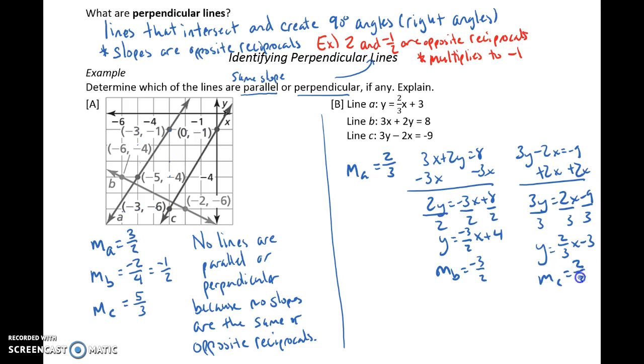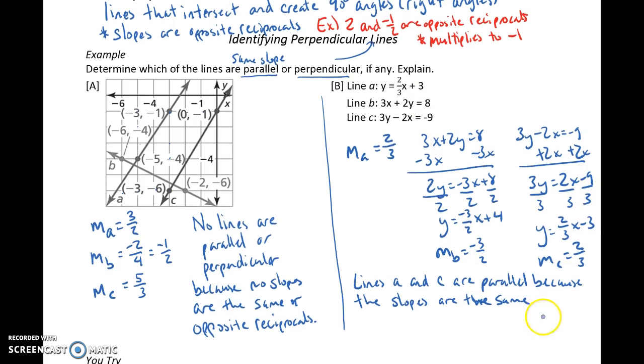So the slope of C is 2/3. So when I compare these numbers, I might say, hey, look, 2/3 and 2/3 are the same thing. So A and C are parallel, because the slopes are the same. And if you look, those y-intercepts, 3 and -3, are different.